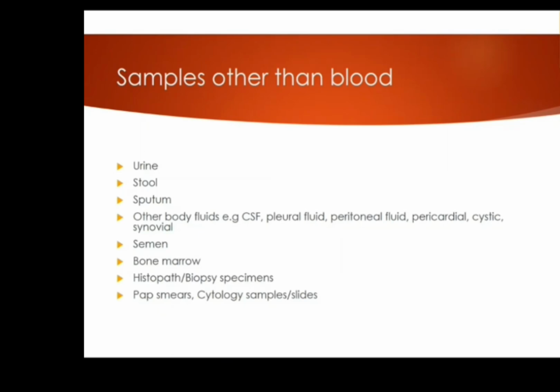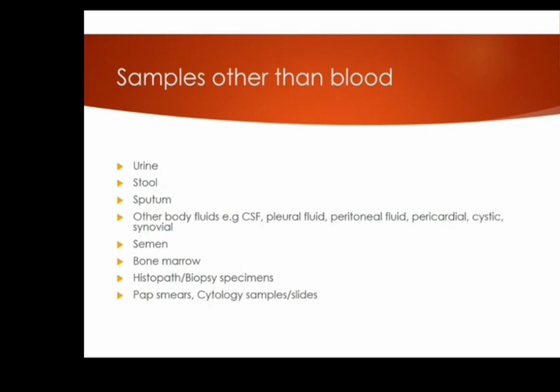Then the next commonly ordered test is the stool sample. Once again, it can be for routine microscopy, where you look for ova and cysts, and you can have it for pH studies, especially in pediatric patients, where a stool pH is requested when carbohydrate malabsorption is a concern.